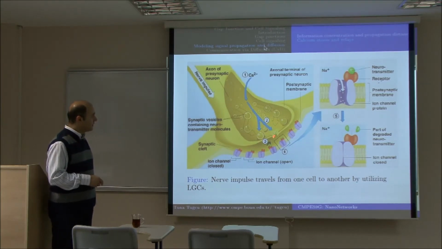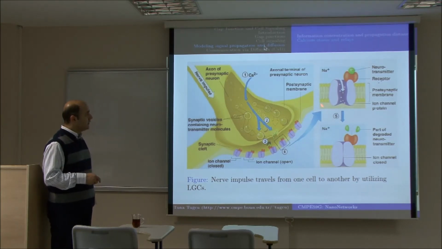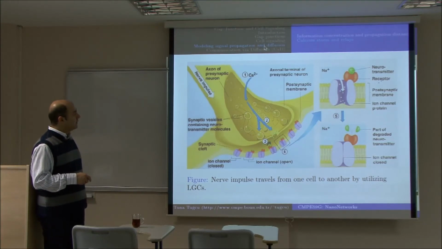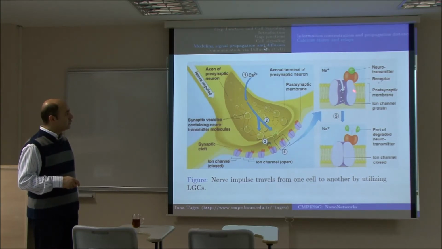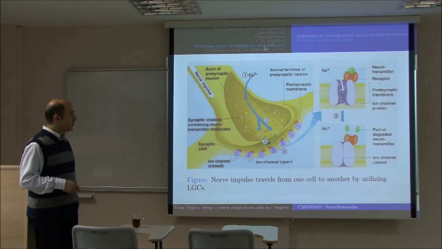Here we see this ion channel in more detail. When this neurotransmitter diffuses from the first neuron to the second, the neurotransmitter will bind to the receptor here, and that will cause the channel here, which is on the postsynaptic membrane of the second cell, to open.